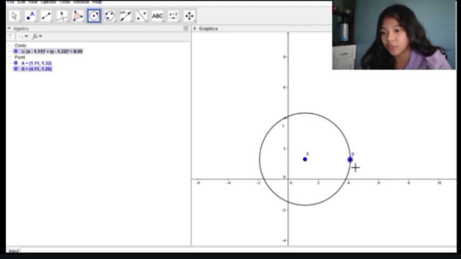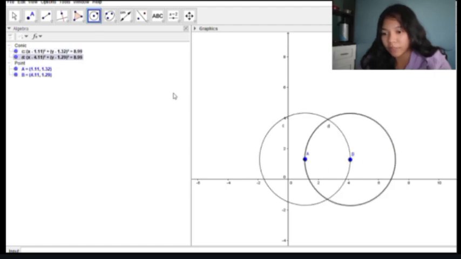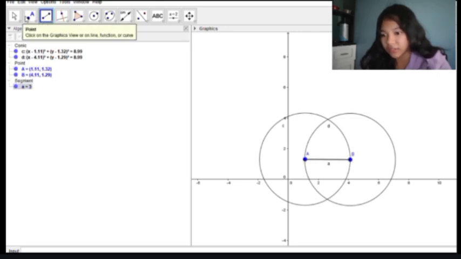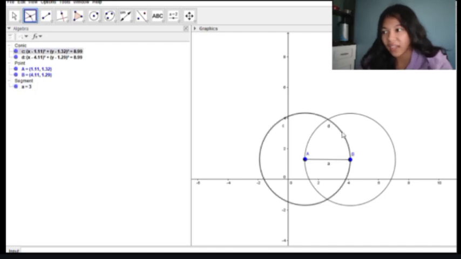We just need to create a segment from A to B and then find the intersection of the two circles just by pressing the intersect, and then create segments that connect B and C and A and C. As you can see, this is an equilateral triangle.